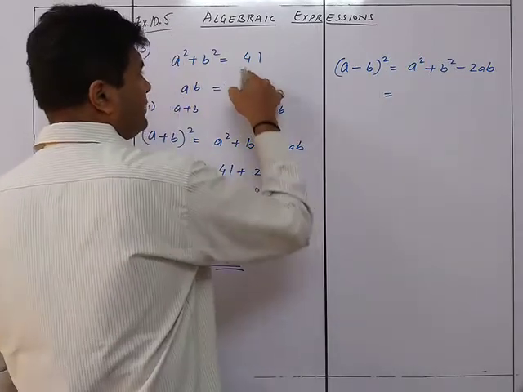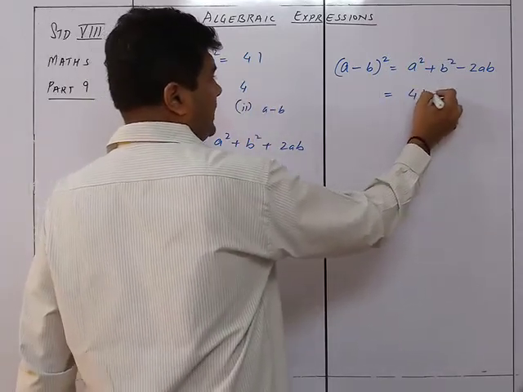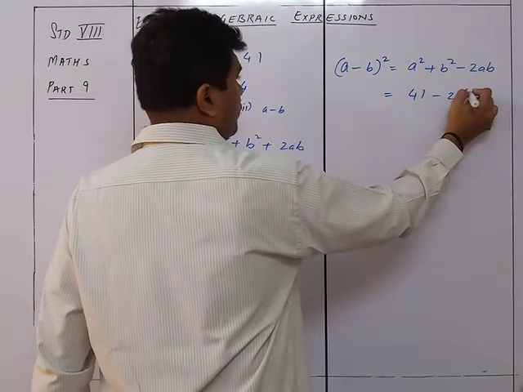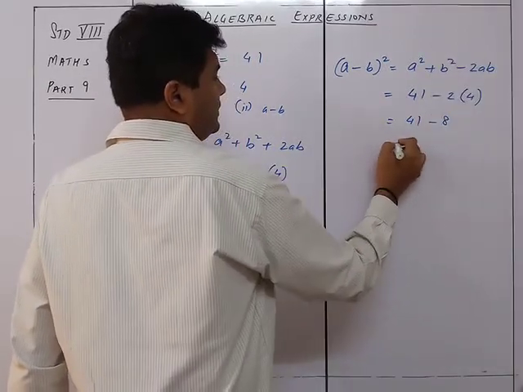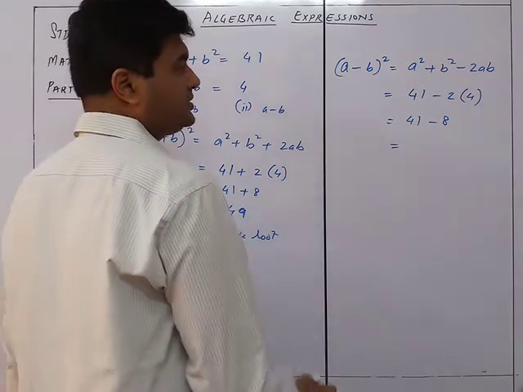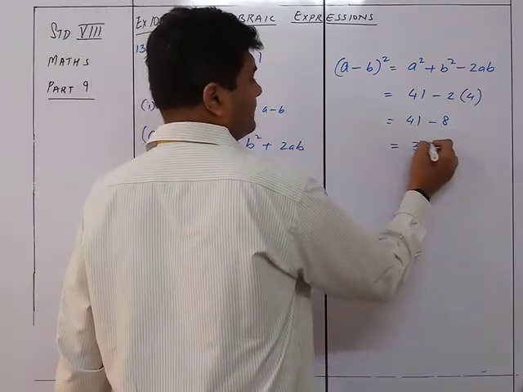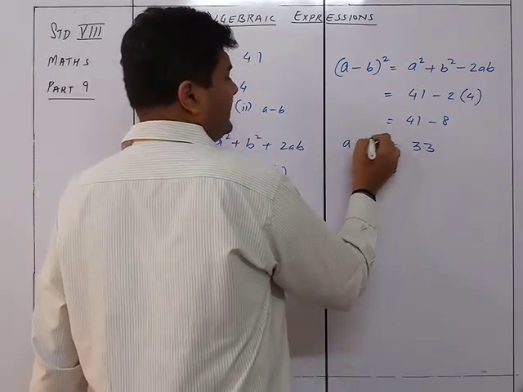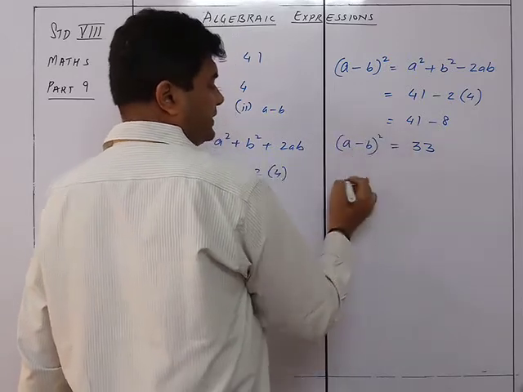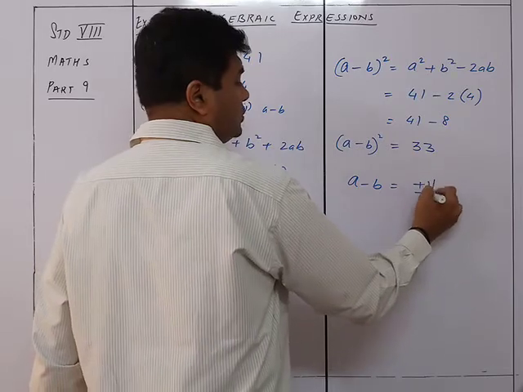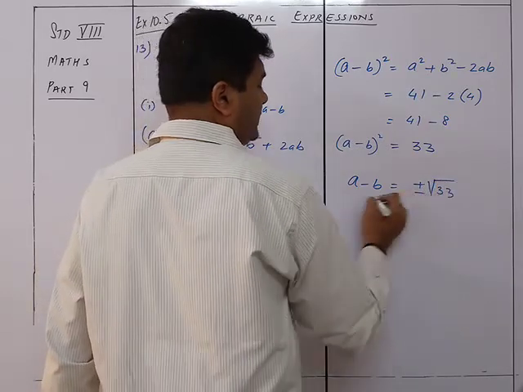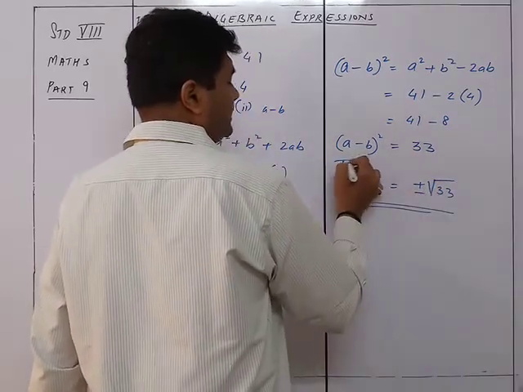So a square plus b square is 41, so it is 41 minus 2 into 4. So that is 41 minus 8. Now 41 minus 8 is 33. So a minus b the whole square is 33. So a minus b is equal to plus or minus square root of 33. That is by taking square root.